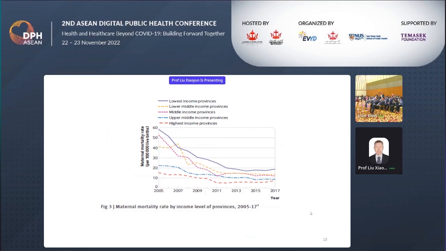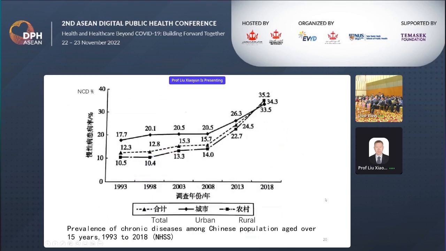Another feature of this change is the disparities between different income levels is narrowed. The disparity between rural and urban is also narrowing down. So this is an achievement in maternal mortality rate.